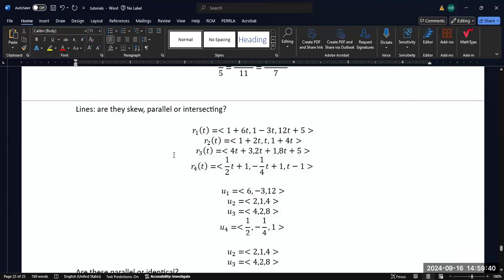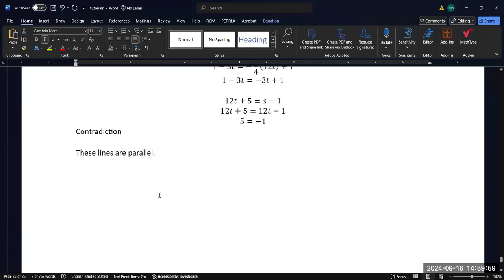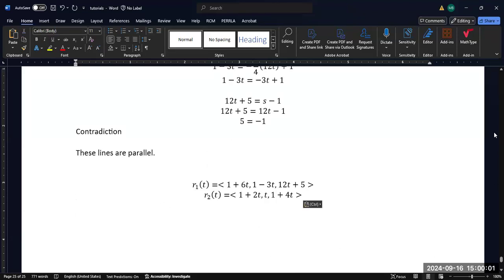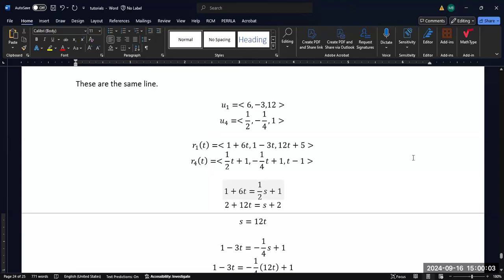So I'm not going to consider R3 at all in the rest of my analysis because it's the same line as R2. Anything I say about R2, I'm going to be able to say in a slightly different way about R3. So let's copy our lines down here so we can have them to look at.